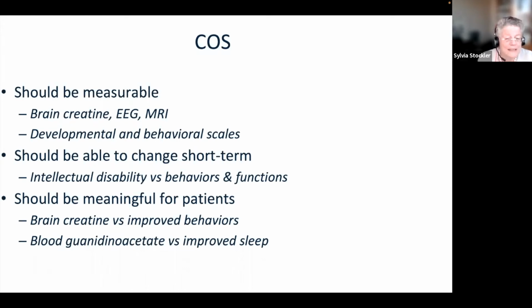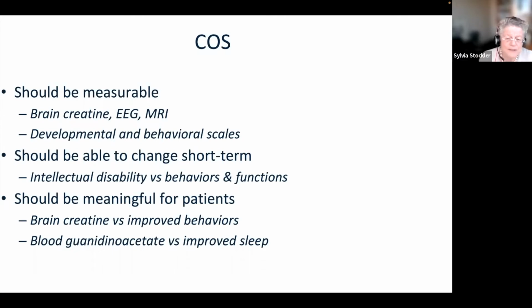So we need to choose outcomes where we know that if there is an effect of the treatment, they would change. We know that intellectual disability is an outcome which everybody talks about in children with creatine deficiency syndromes because they have it, but it's not an outcome that can easily change short time, or at least we cannot measure the change very well.